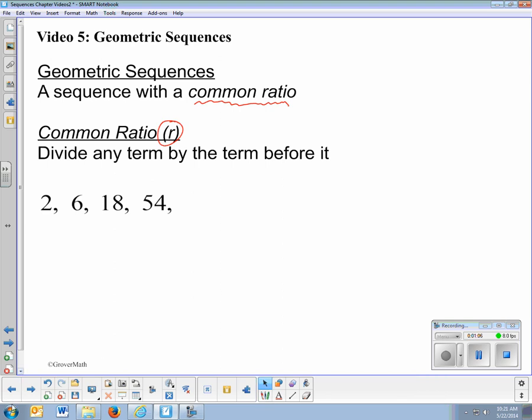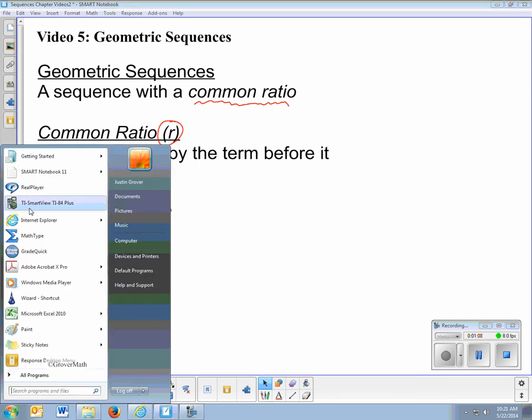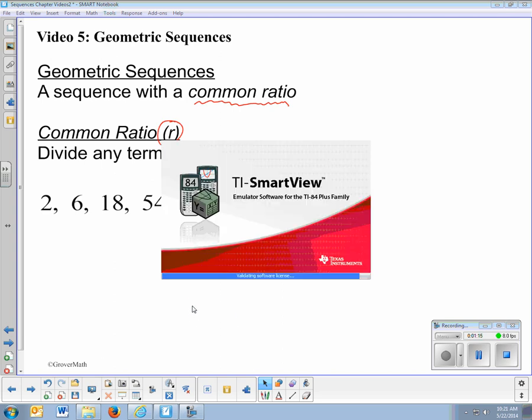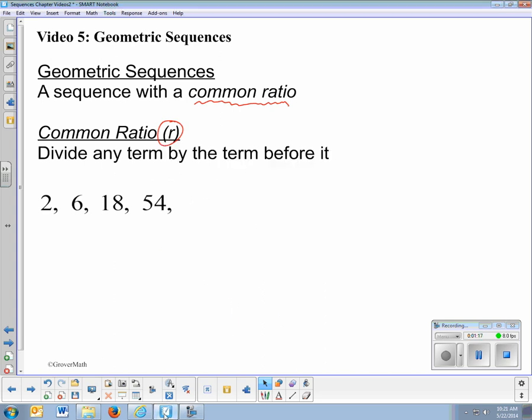Since we're multiplying and dividing, the numbers get large fast, so we're definitely going to want to have our calculator handy. But if you can't just tell, much like with the arithmetic, where you could subtract any term and the previous term to get the common difference d, to get the common ratio for geometric sequences, you divide any term by the previous term.